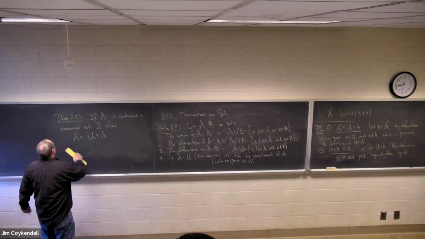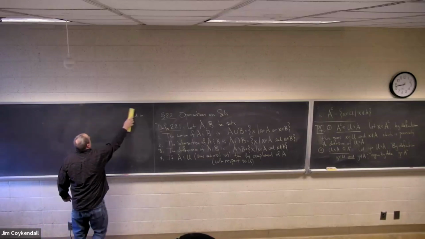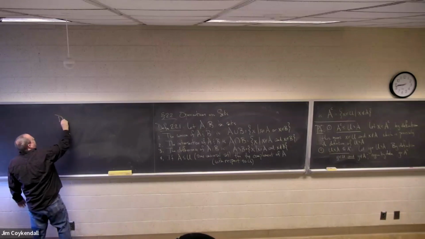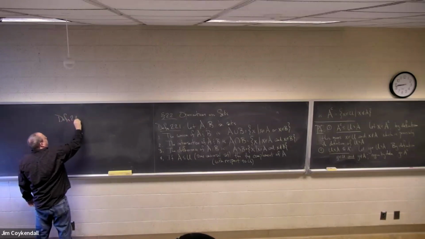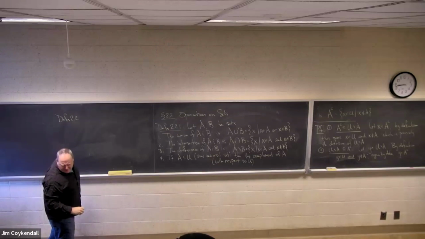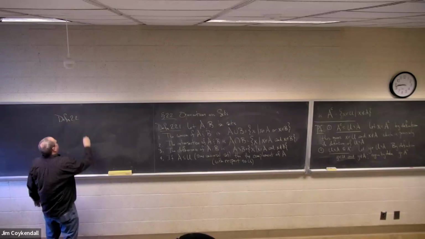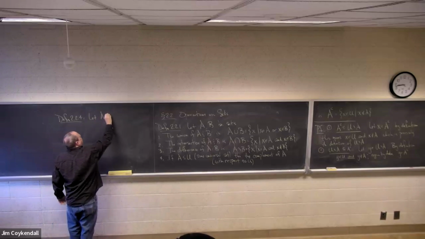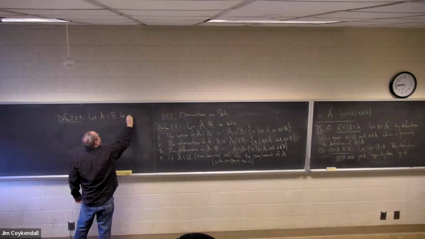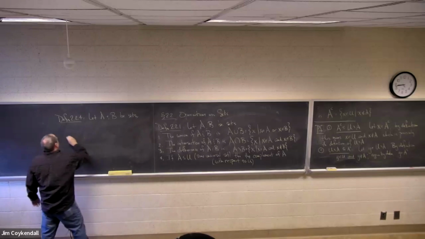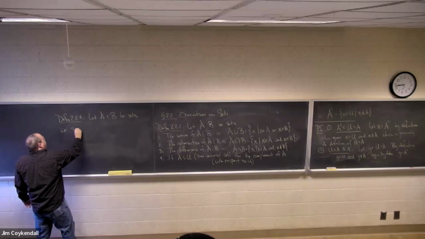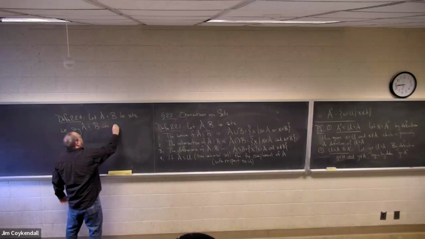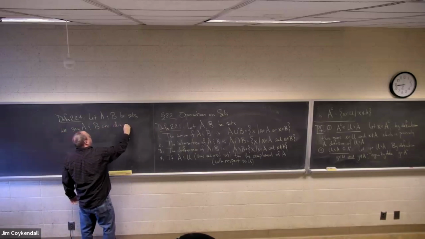Let me give you a definition here, and then I'm going to do some properties of these operations. Let A and B be sets. We say A and B are disjoint.